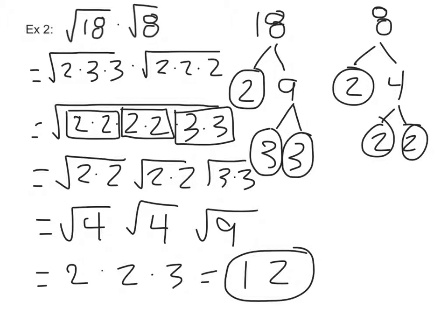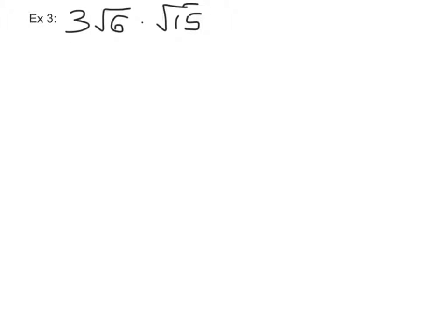We have one more problem that we want to go over. Example number 3. We have 3 times the square root of 6 times the square root of 15. Now notice this is very similar to example number 2, but the only difference is now we have a whole number out in front of the square root. That doesn't change our process. We are just going to come back to that 3 later on. But let's start with what we've done before. We start with those radicands, the 6, and we do the prime factorization to get 2 and 3.